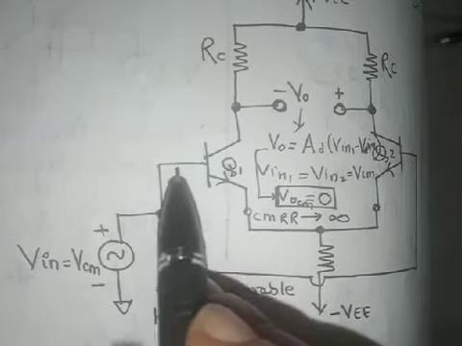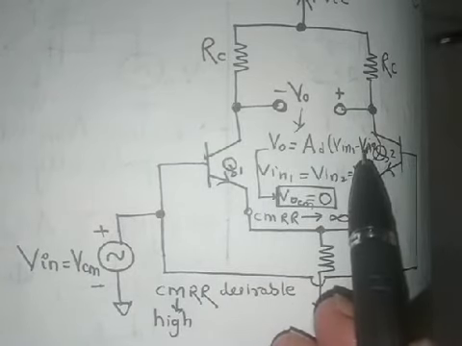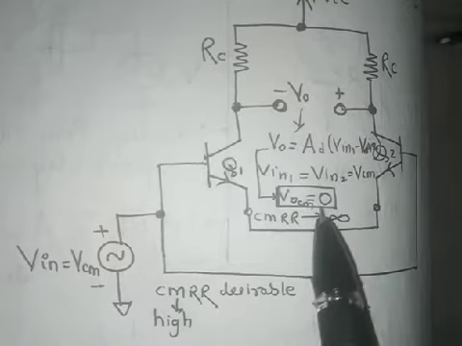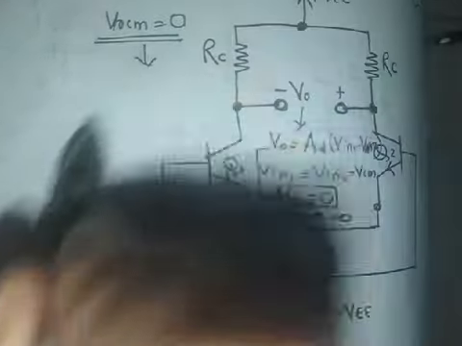Since when V in 1 is equal to V in 2 and exactly that difference comes out to be 0 at the output, this shows that the two input terminals, when VOCM, the output common mode voltage, comes out to be 0, the two transistors Q1 and Q2 are perfectly matched in all respects.